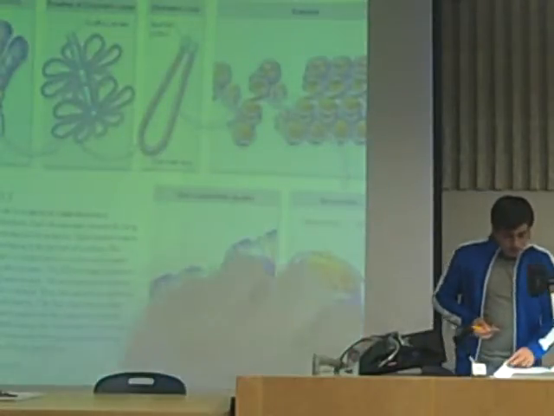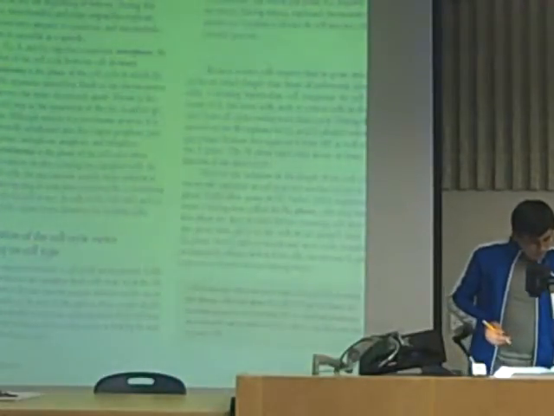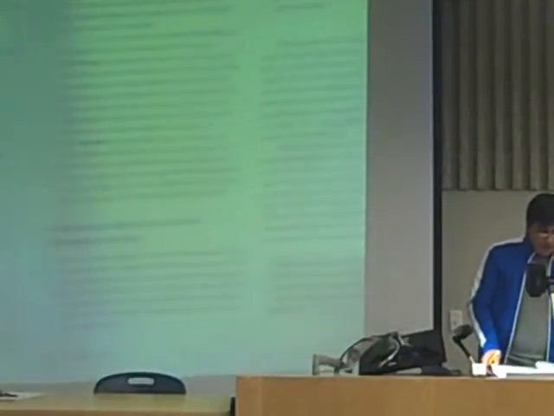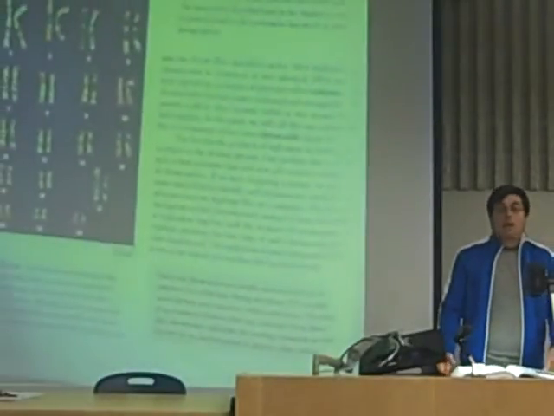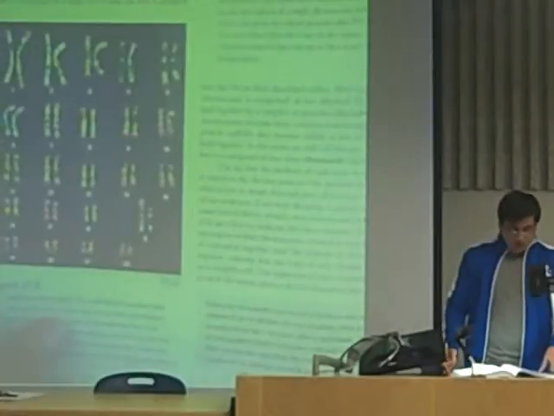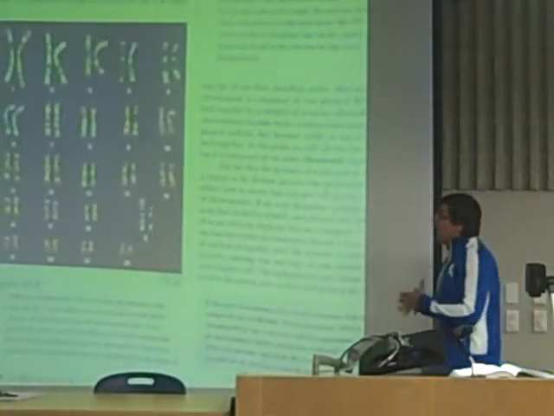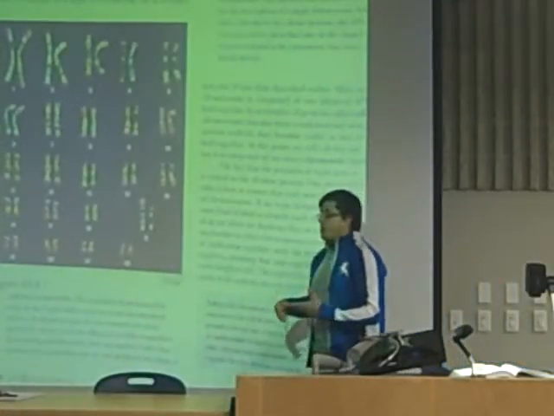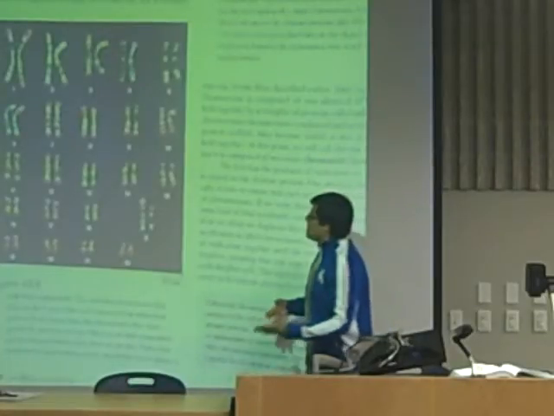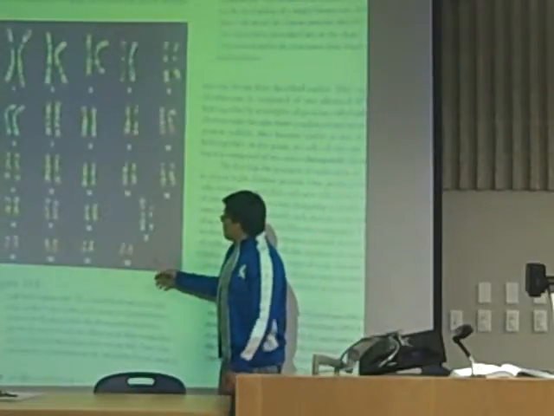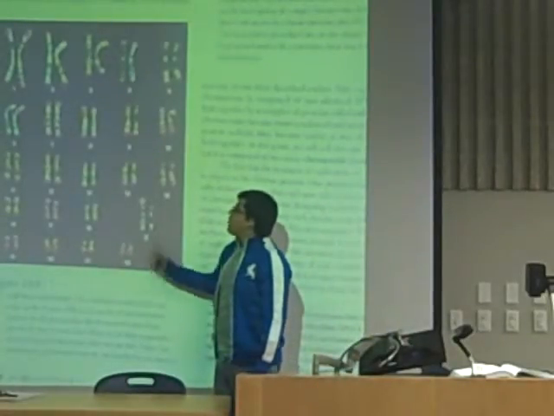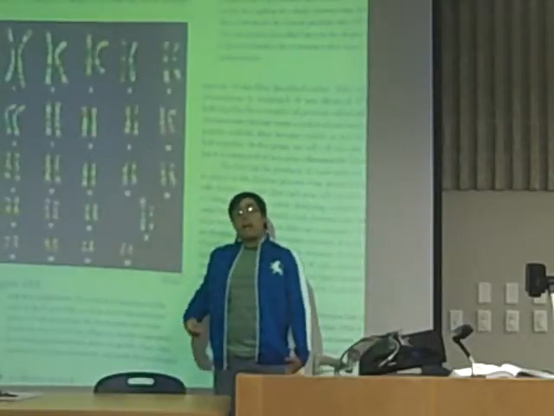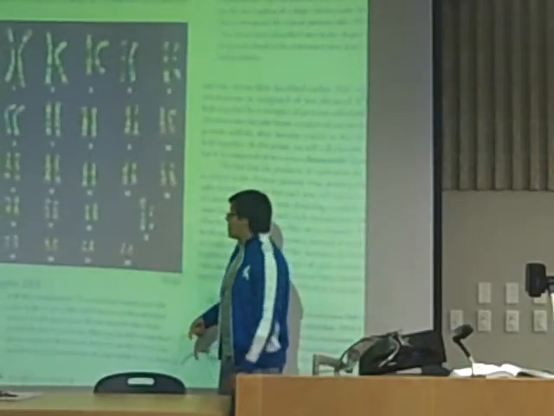Now, we might as well talk about it now: the concept of the karyotype. A karyotype is basically just a map of our chromosomes. As you can see here, we have our 46 chromosomes, that's our diploid number. Our haploid number is 23 chromosomes.